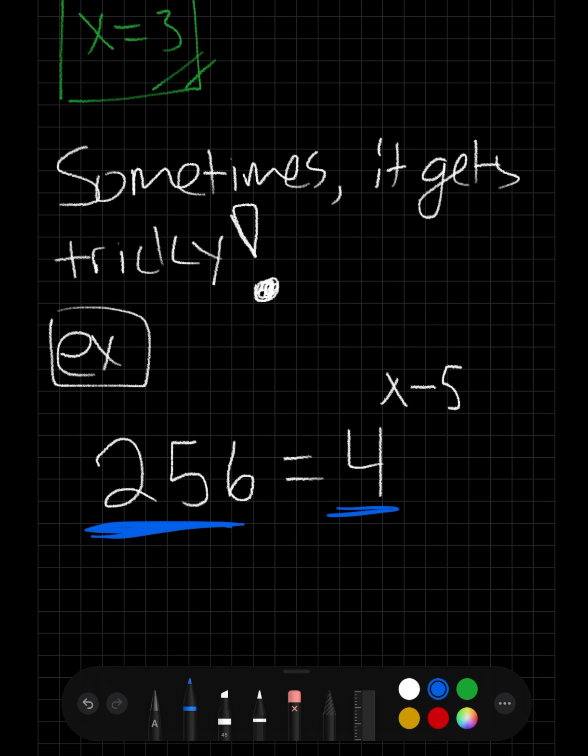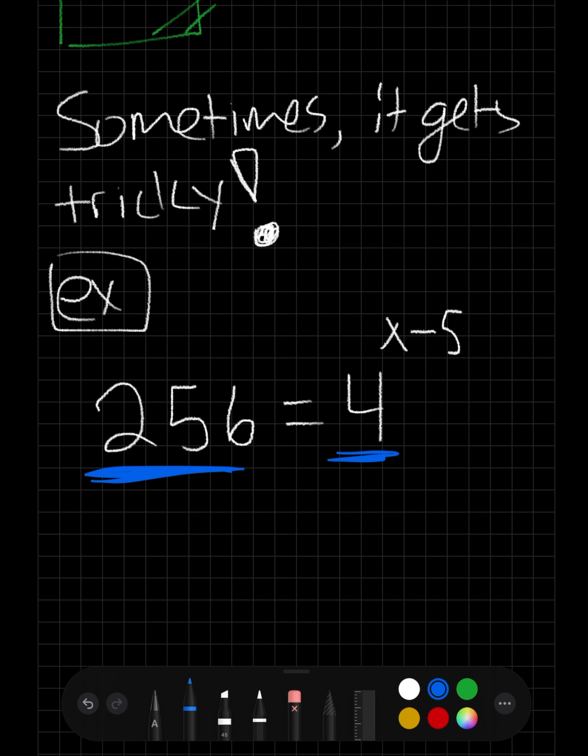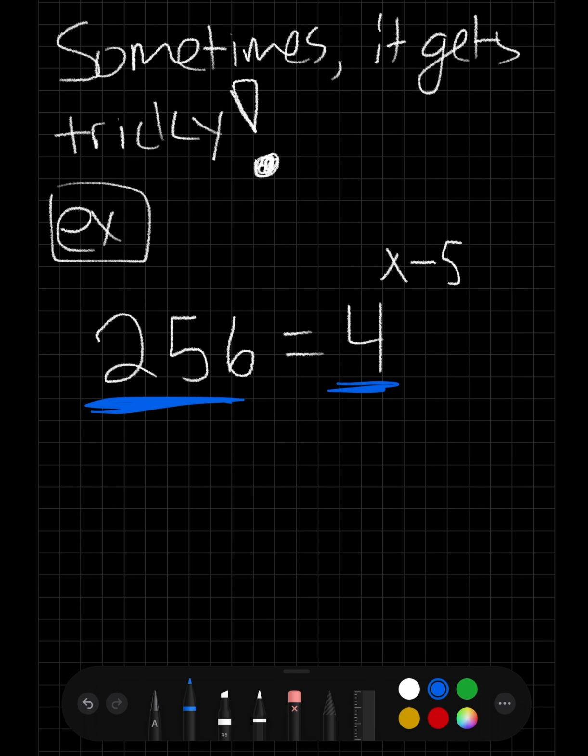And you say, Sarah, these are different numbers. These are different bases. I can't set my exponents equal when I have different bases. And you'd be right. So what we're going to do is see if we can find a common base here. I'll show you what I mean.